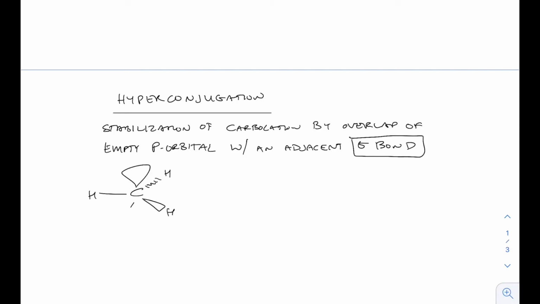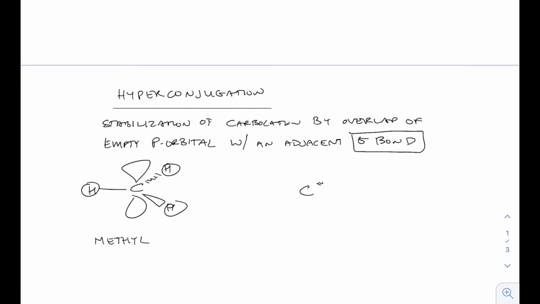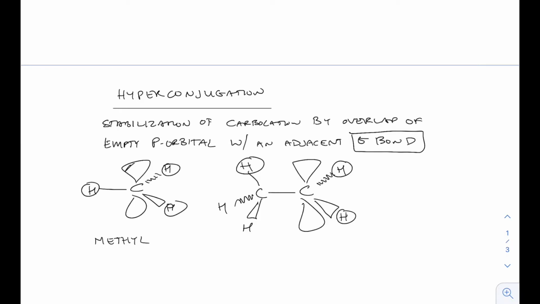This is an example of a methyl cation. We have the hydrogens with the s orbital just chilling there, all teeny tiny, and that p orbital poking up and down. Now let's say we had a primary carbocation. We've got two hydrogens on one side, and we've got a carbon, let's just say it's a methyl, so there are three hydrogens here, and we have that p orbital sticking up and down, right?